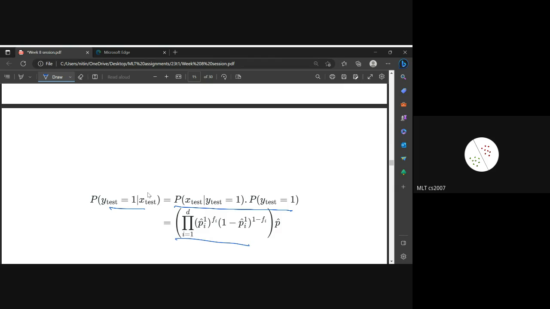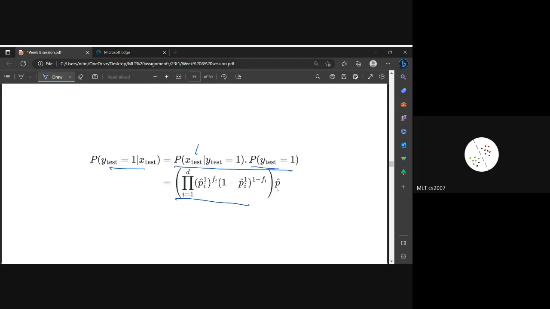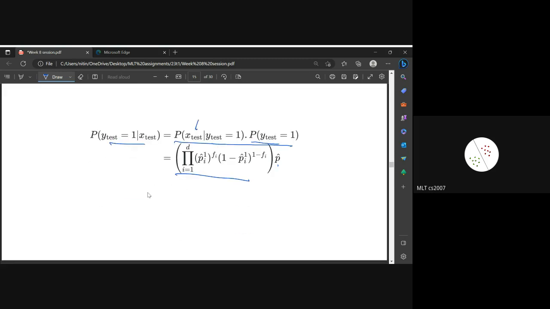So this is the estimate for taking value 1. This is p hat, and given the label, what is the probability that x_i is equal to 1? You can write it as a product of these terms, right? If you look at this expression, if any feature takes value 1, then this term will vanish, because it becomes 1 minus something to the power 0.